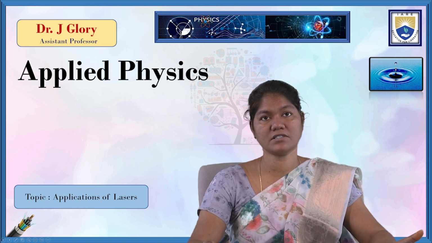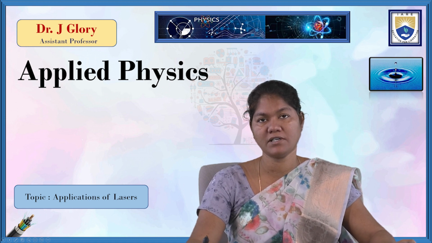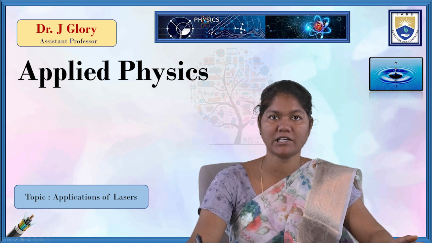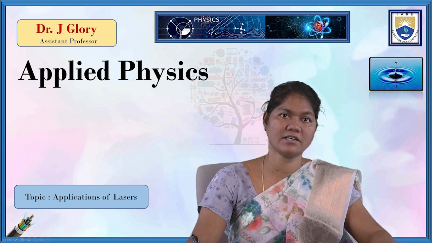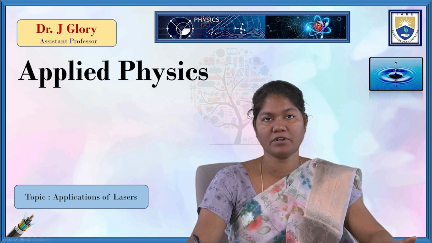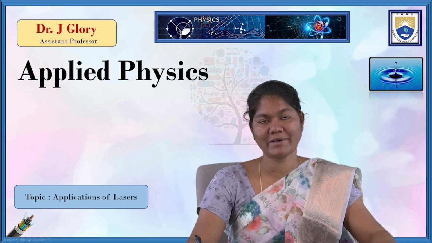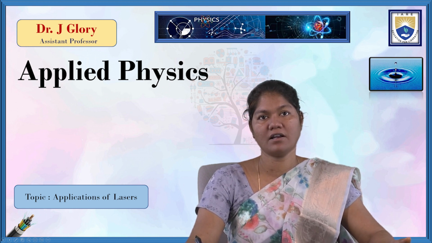In the previous session, we saw the helium neon laser. Before that, we discussed the ruby laser. The ruby laser is the first solid state laser, and the helium neon laser is a gaseous laser. There are some drawbacks in the ruby laser, so we went on to gaseous lasers.